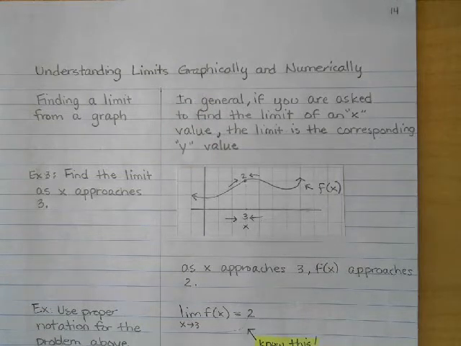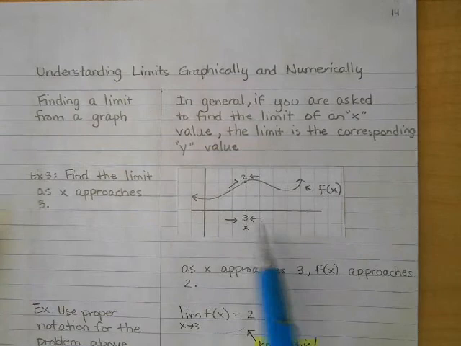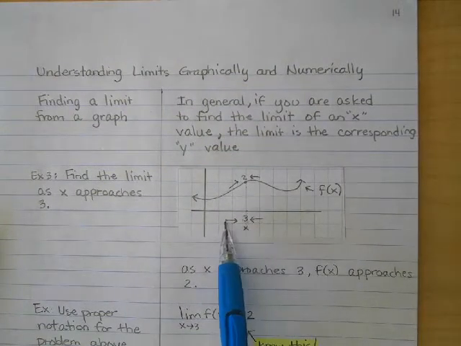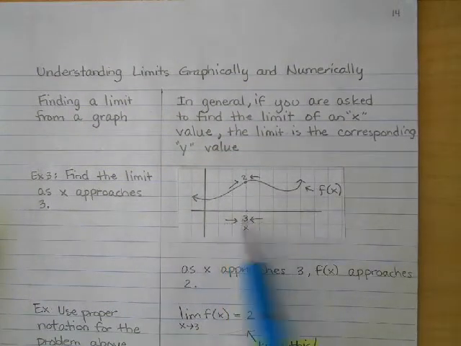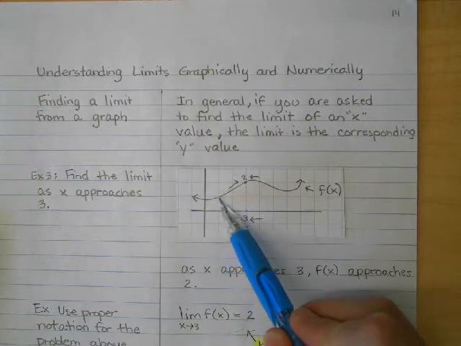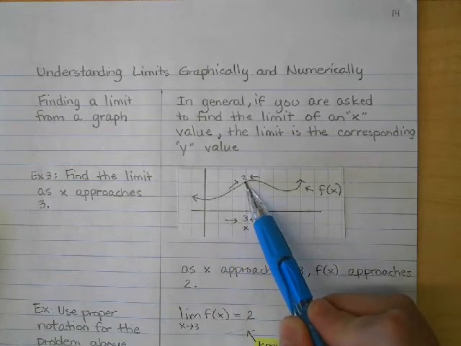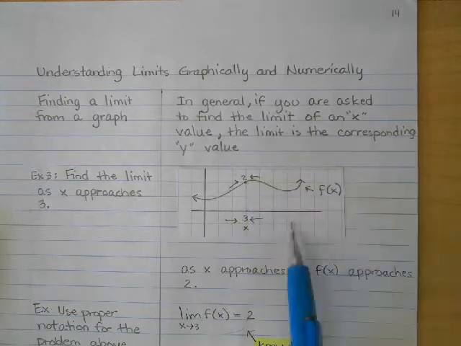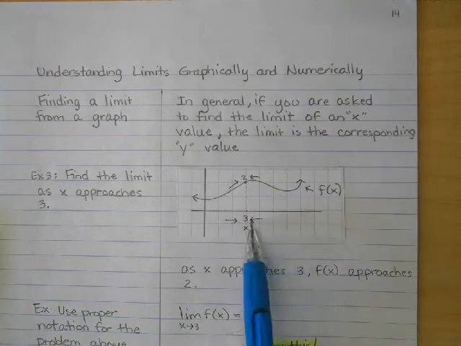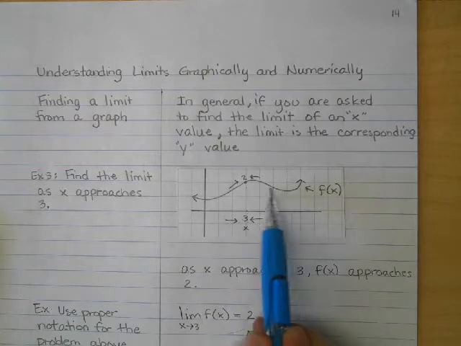Now, as we look at it from a graph, I want you to start thinking about this in a different way. I could head towards 3 from the left, and the y value is headed towards 2. As I come towards 3 from the right, I could do the same thing.